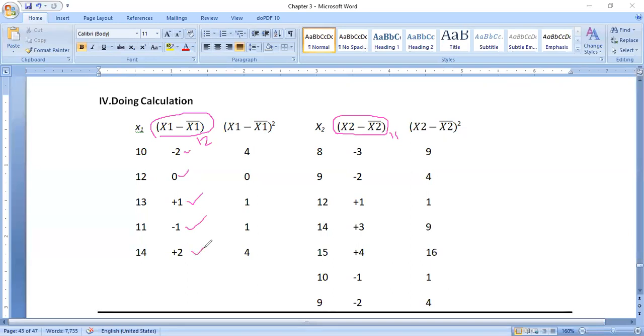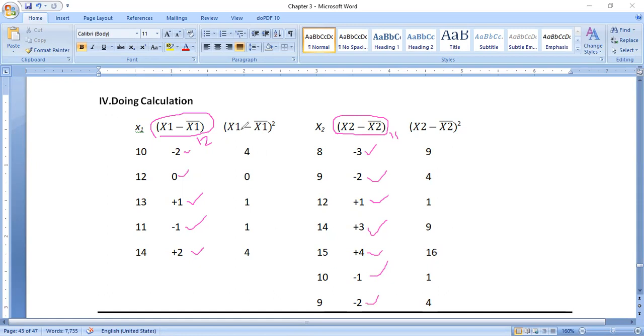In the same way we need to do here also: 8 minus 11 is minus 3, 9 minus 11 minus 2, 12 minus 11 plus 1, 14 minus 11 plus 3, 15 minus 11 is 4, 10 minus 11 minus 1, 9 minus 11 minus 2.